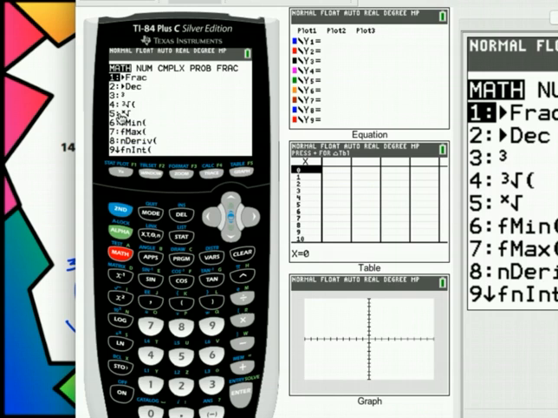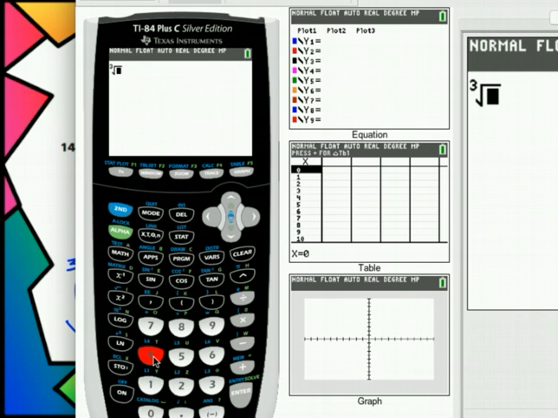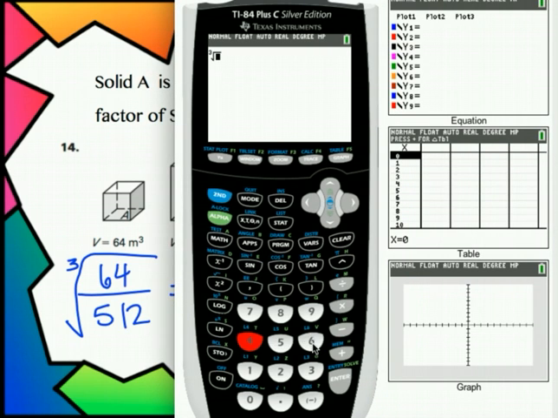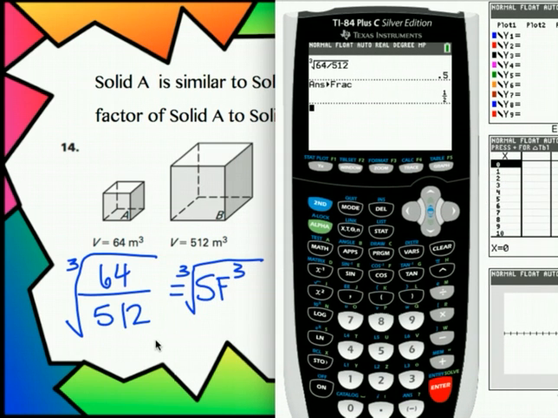It's like uncubing it is the best way I can explain that, I guess. So 4, and we can put the whole thing in there. I forgot it though. So it's 64 divided by 512. And that says 0.5. Let's put it back into a fraction. So the scale factor would be 1/2.